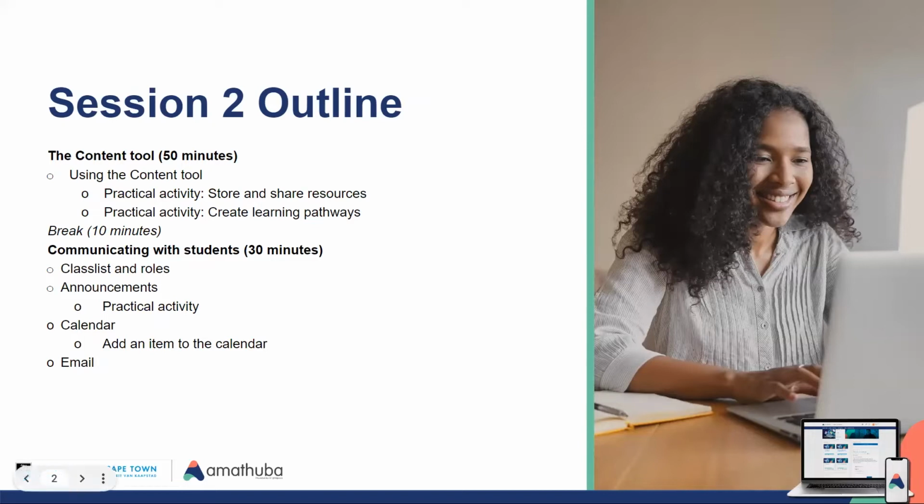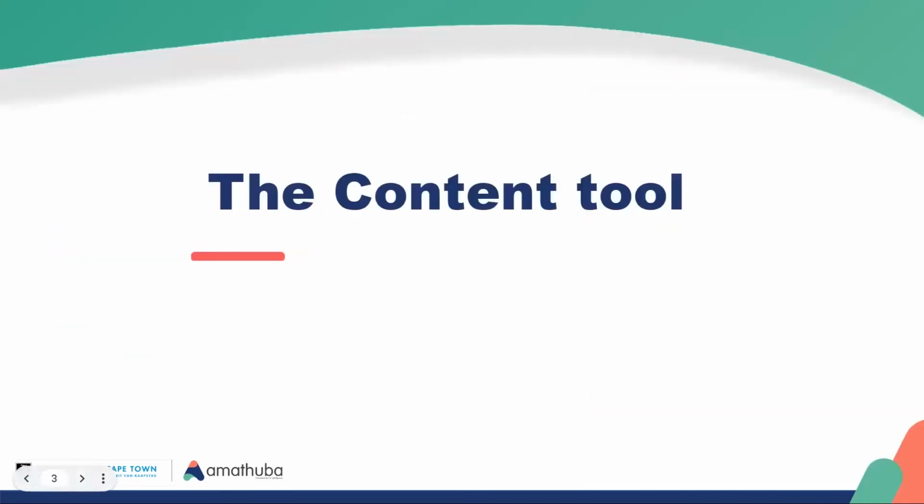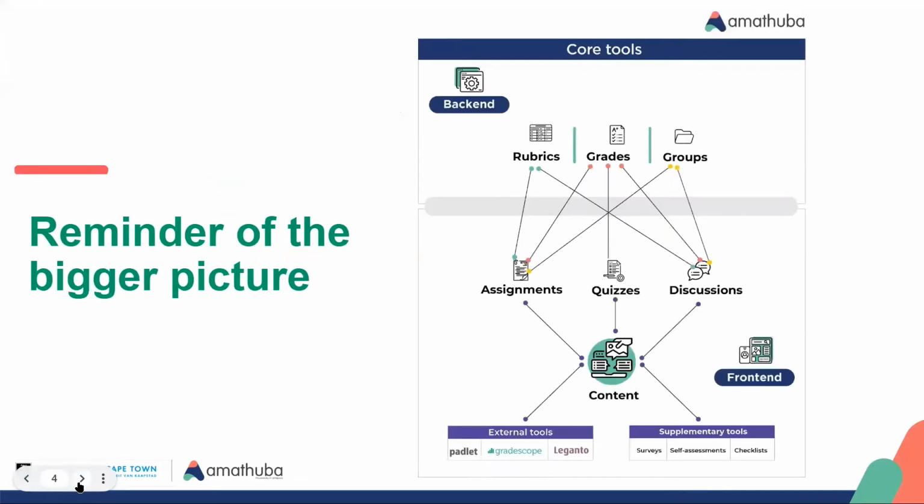I appreciate that. Okay, so the content tool works a little bit like what we used to think of as the lessons tool in Vula, for those of you who've used that. It's the place that your students see the most of. In Amathuba terms, they think of the contents tool as the front end for everything.